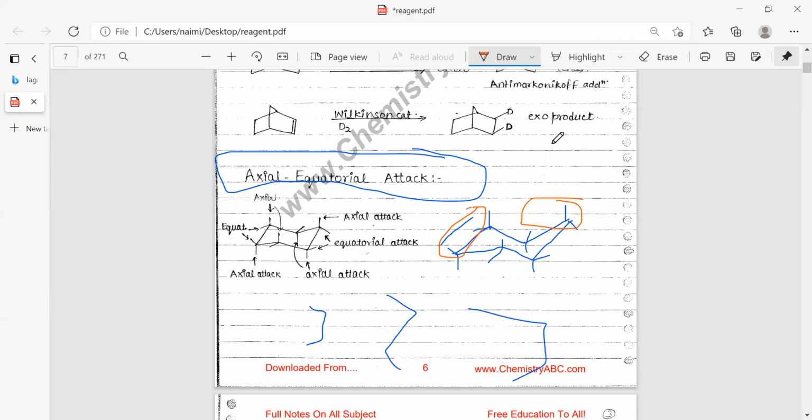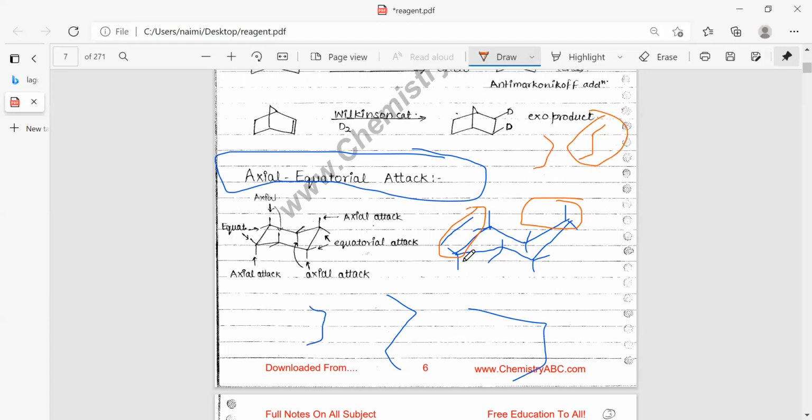So simply, you can understand: if the bond is like that, it is equatorial, and if you draw the bond like that, then it is axial. This is axial, this is axial, this is axial.